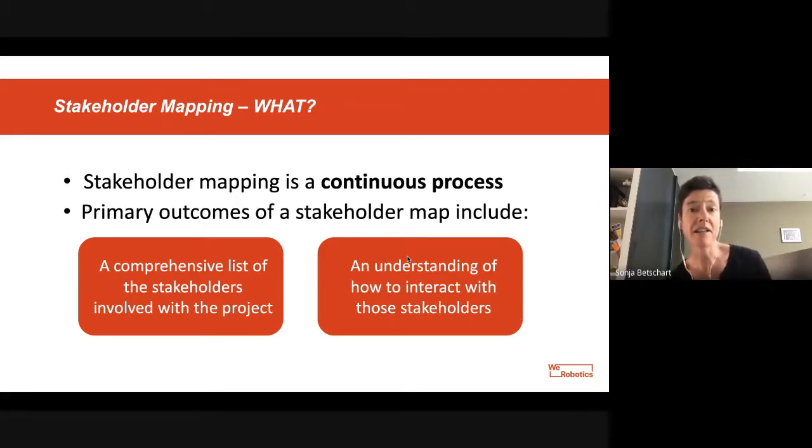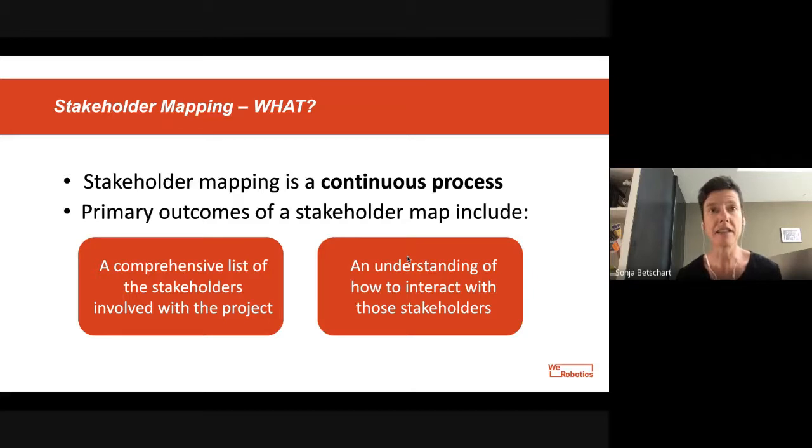Now, again, what will be the primary outcomes of mapping stakeholders? Essentially two things. First, a comprehensive list of the stakeholders involved with your project or with your work. So a list of parties, of groups of people that you will have together.